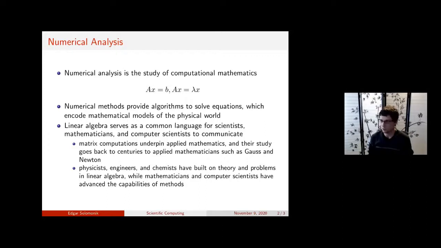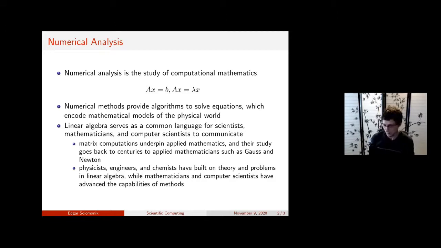Folks like Gauss and Newton centuries ago were in effect applied mathematicians solving linear algebra problems and actually laid the foundation for many numerical methods that we have today. So the study of how to solve numerical problems using counting and computation, computation not necessarily meaning using computers, but maybe using hand computation as well, has been around for many decades.